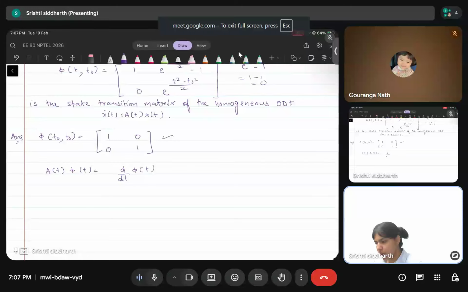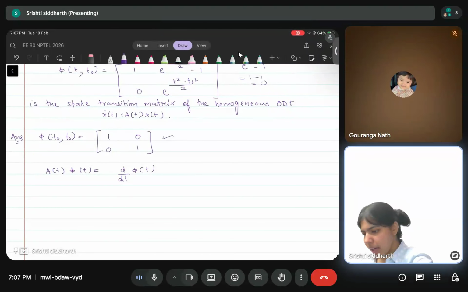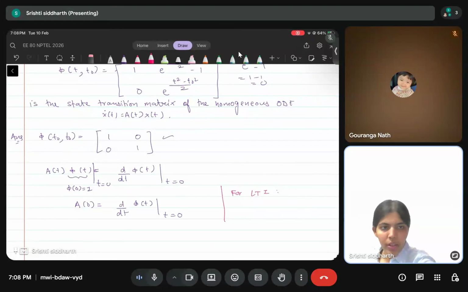So this is true, and it's true for all time. So we compute this at time t equals 0, so that we can make use of the identity that phi of 0 is identity. So for an LTV system, what we get is A at time 0 is d by dt of phi at t equals 0. So compare this with an LTI system. Since A is always a constant, A at any time t is d by dt of phi at t equals 0.